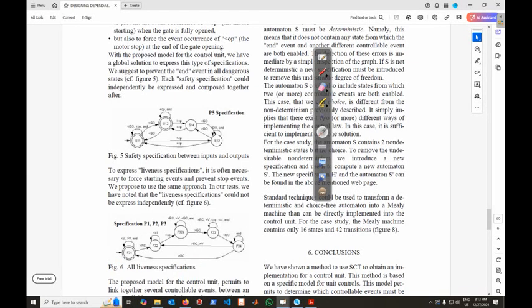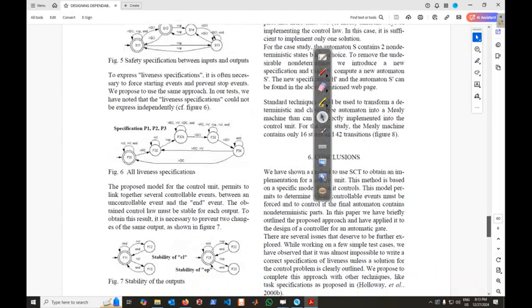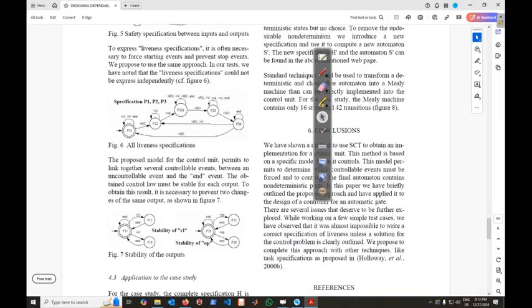Fine. It seems now we understand what was done. One last specification is related to the stability of the outputs. Okay, the proposed model for the control units permits to link together several controllable events between an uncontrollable event and the end event. The obtained control law must be stable for each output. What does it mean? Let us have a look at this stage, F11.